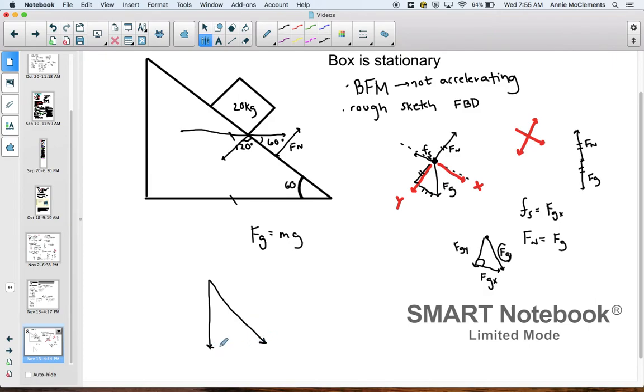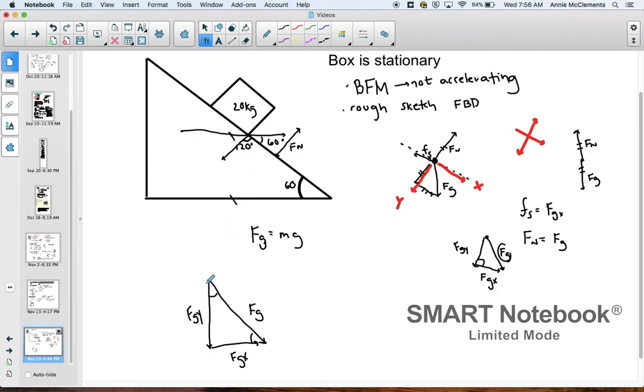We can find the hypotenuse, Fg, because we have the mass and we have little g. So if we can figure out what these angles are, or even just one of those angles, we can determine, using trigonometry, what Fgy is and what Fgx is.